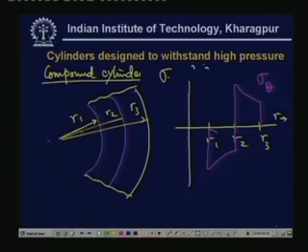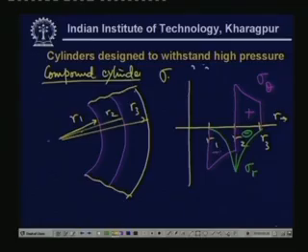Here it goes to minus p. So, sigma r distribution is something like this. So, this is again positive, this is negative, and this is negative throughout. So, this is the overall stress distribution only due to the fitting. Now, here you see in the inner cylinder, of course, we have a compressive stress.